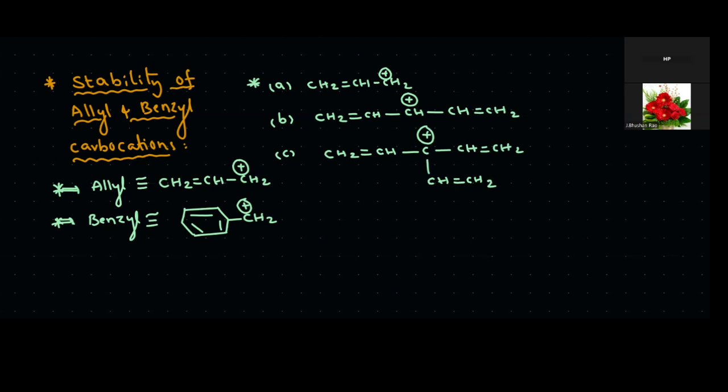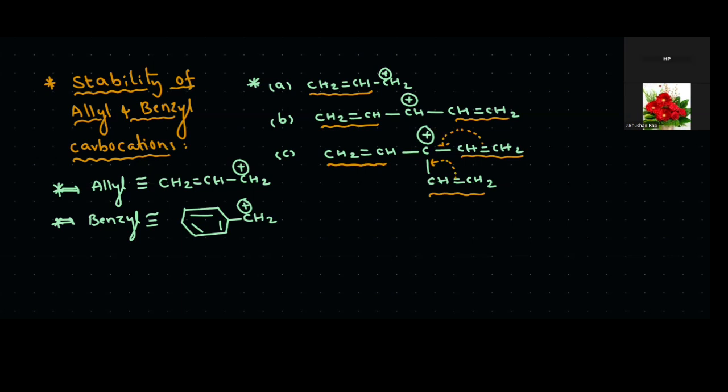So here three allylic groups attached to this condition. So here it is one allyl group, two, here three. In the second case here one, here two. But in the first case, one only. So if the number of allyl groups increases, that means CH2=CH groups increases, resonance increases more. Okay. So this one also donates the electrons, this one also donates electrons.